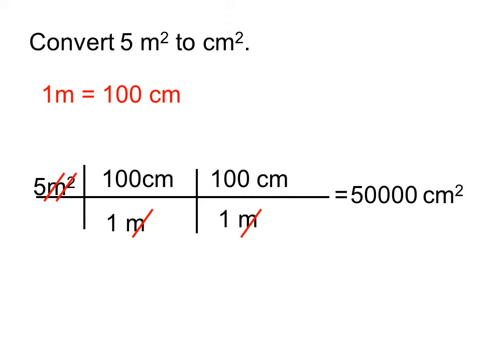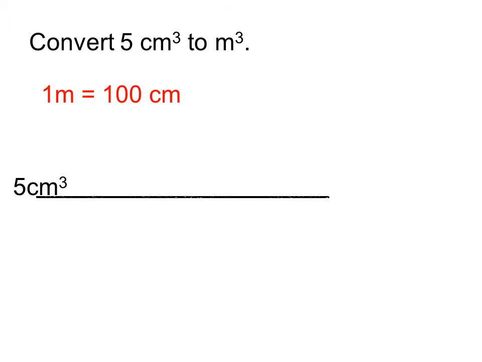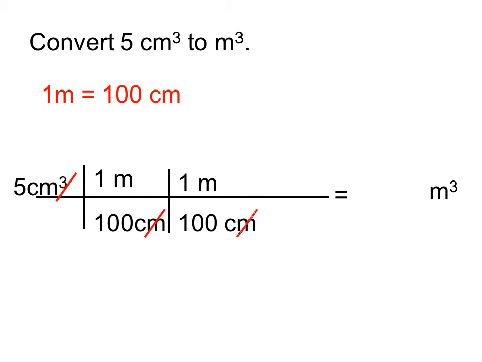Okay, so it's 50,000. And when you do the cubic unit, you know, you got to do it 3 times. There's 1. There's 2, and you got to do it 3 times because the unit is cubed. So this is 5 divided by 100 divided by 100 divided by 100. And notice your units.